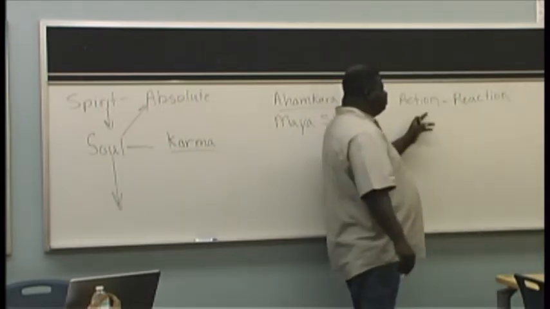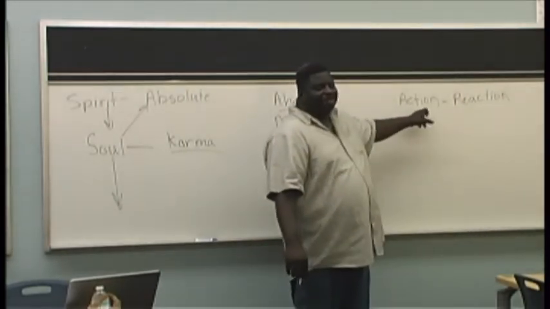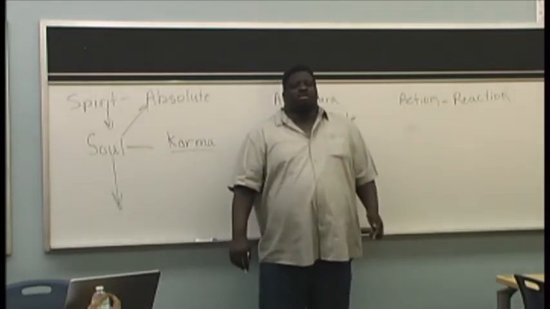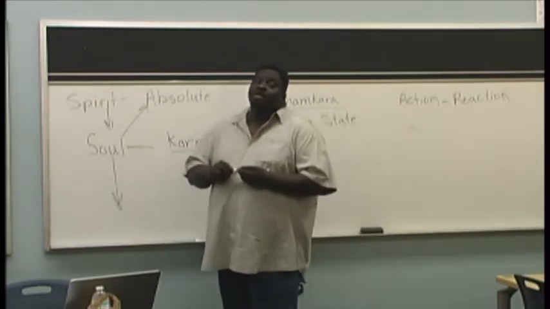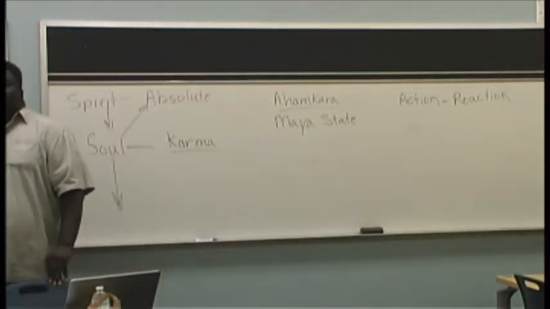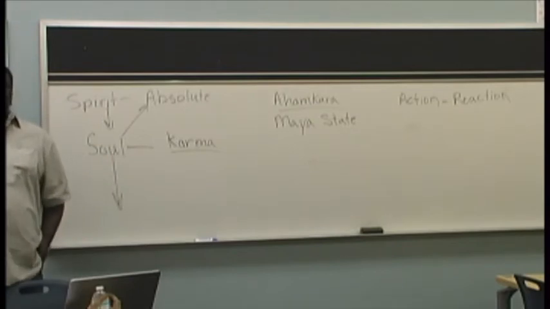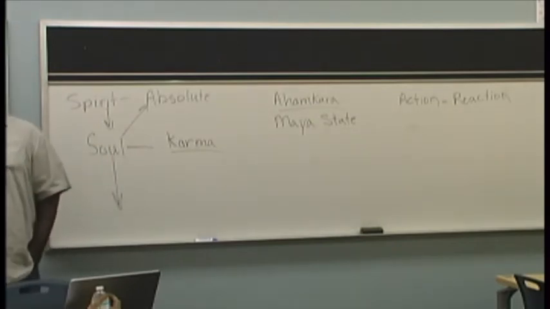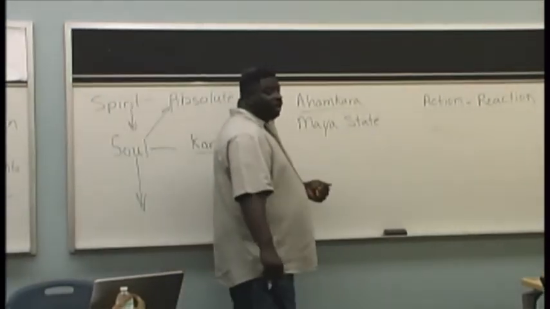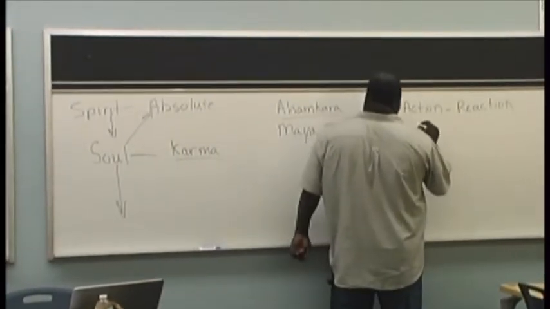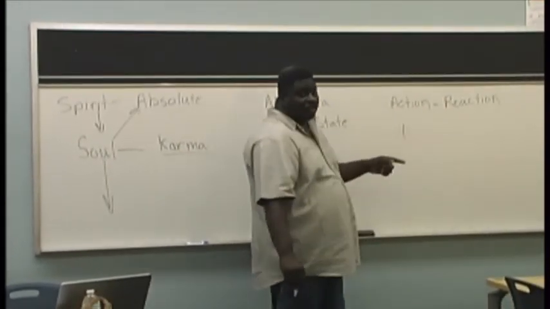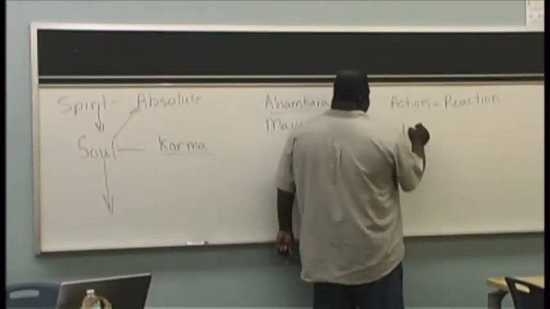Now, in order to get back to that original position, what happens? It takes 100 corrective actions. But then each one of those 100 corrective actions is equal to what?